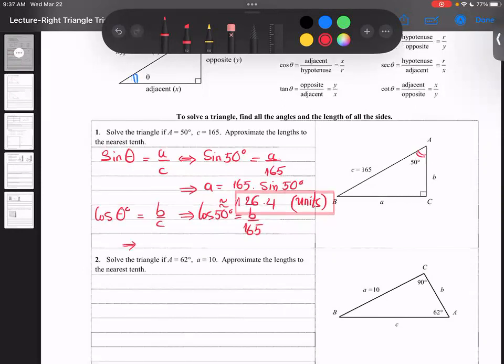That implies B equals 165 times cosine of 50 degrees, mode in degree. Take 165 times cosine 50 degrees. I have roughly 106.1 units. Is that what you guys have? Good. That's all good.